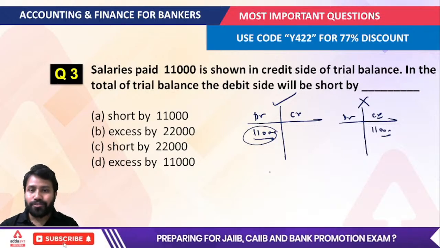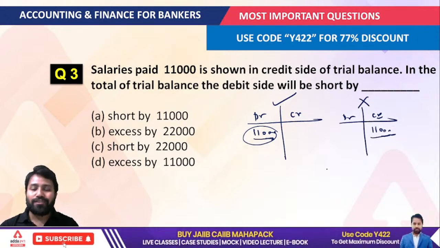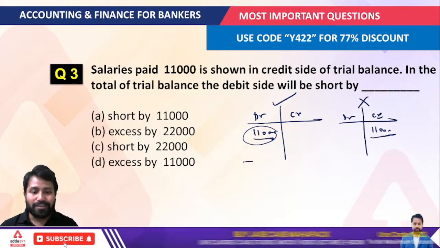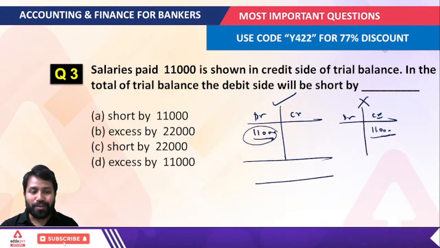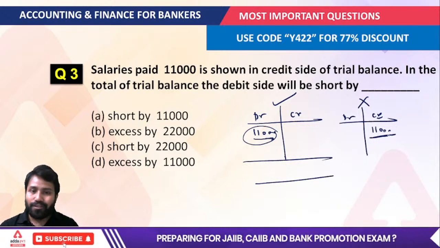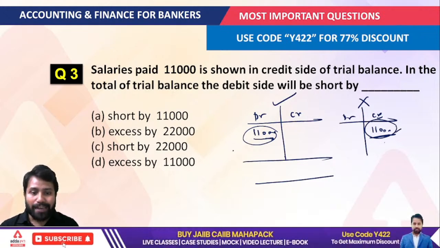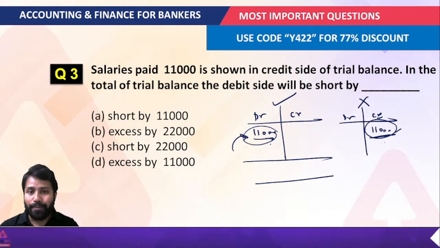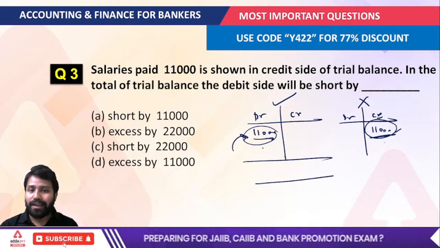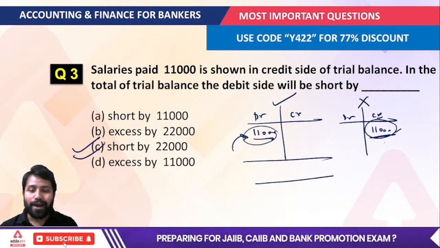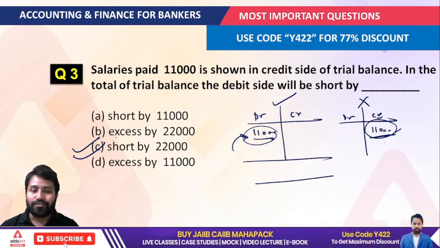This 11,000 should be here, but by mistake we have shown it there. The 11,000 rupees is credited here, and another 11,000 should have been debited. That means the correct answer is short by 22,000 rupees.